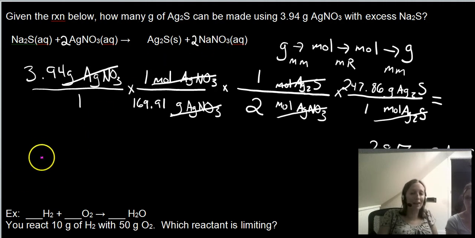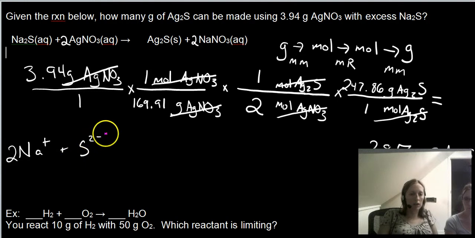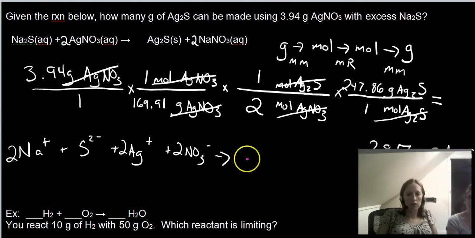So in order to do the net ionic equation, you cancel out the ones that didn't do anything. Well, that's 2 sodium ions, a sulfide ion, 2 silver ions, and 2 nitrate ions. That gives you, and here's the interesting part, because this is a solid, they're not floating around aqueously as ions in solution.